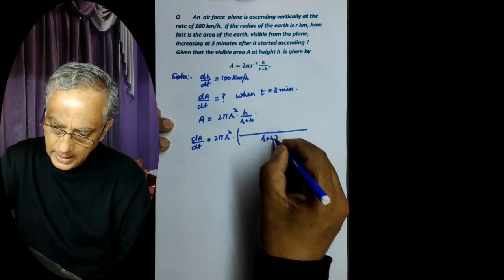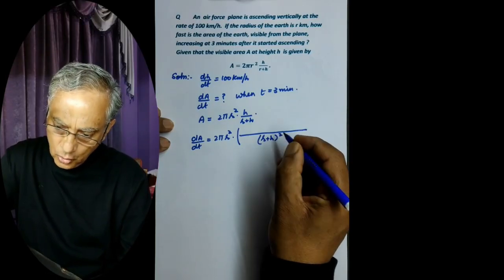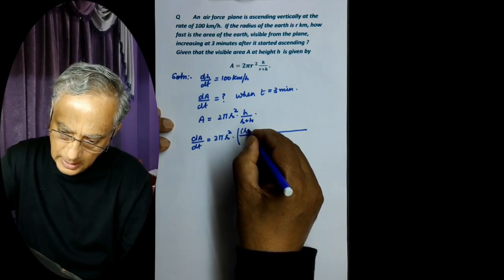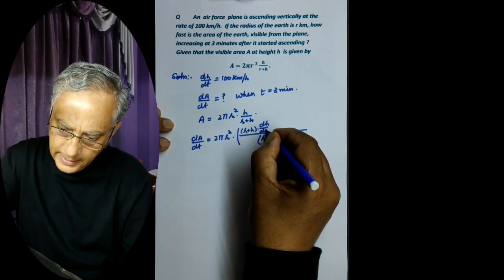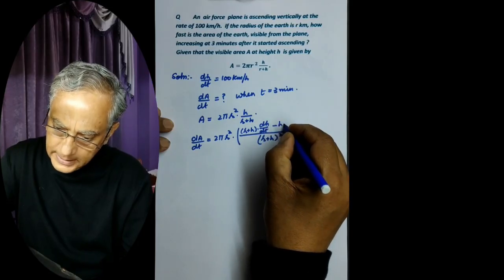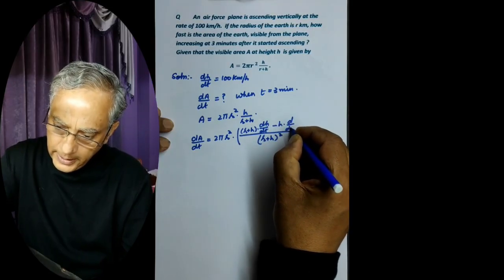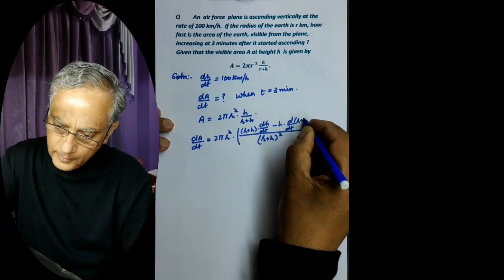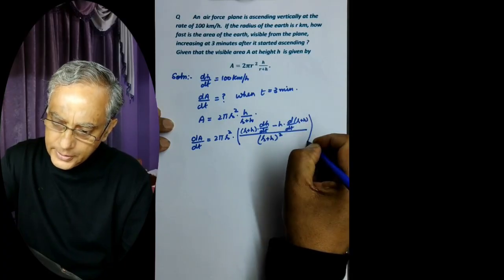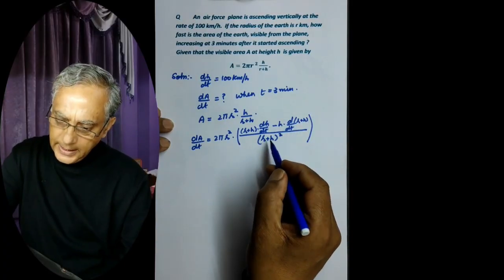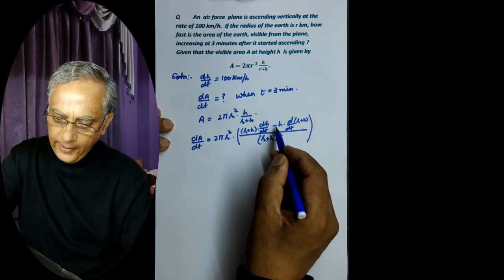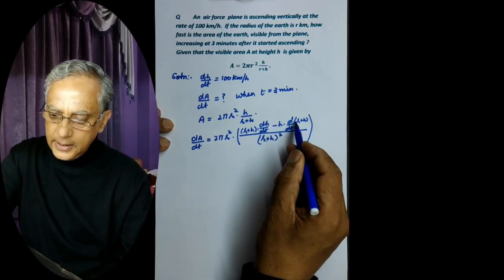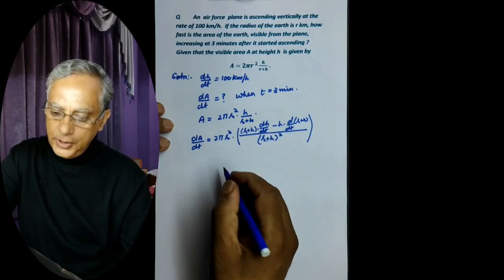So this will be r plus h whole square in the denominator, and in the numerator r plus h into dh by dt minus h into d by dt of r plus h. That is, g x into differentiation of f x minus f x into differentiation of g x.